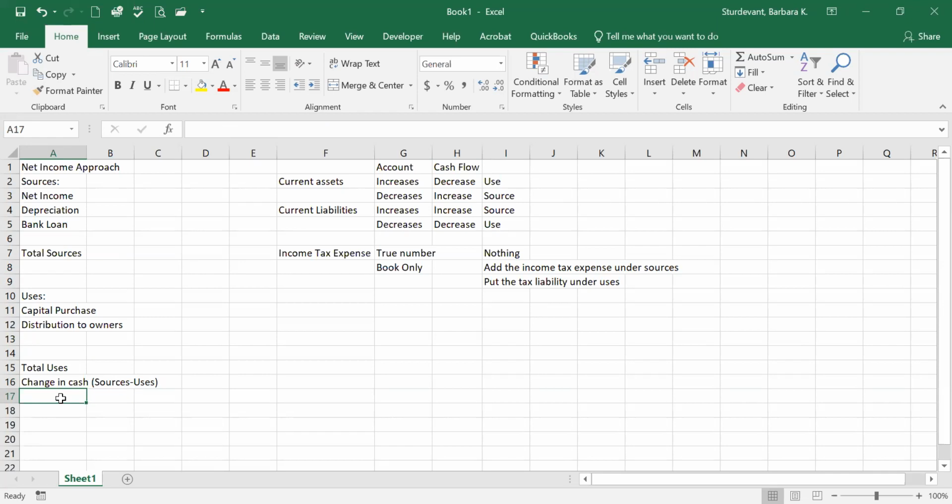Once you have the change in cash, you're going to take your beginning cash, which is usually given to you. You're going to add the change in cash, and that will get you your ending cash. And that's basically what you have with the net income approach.